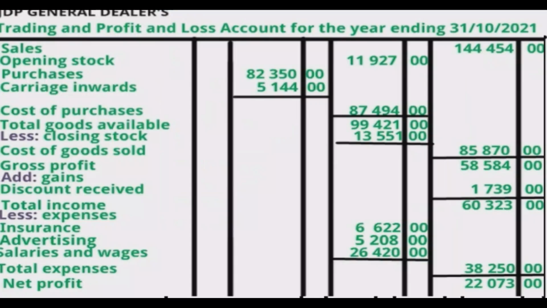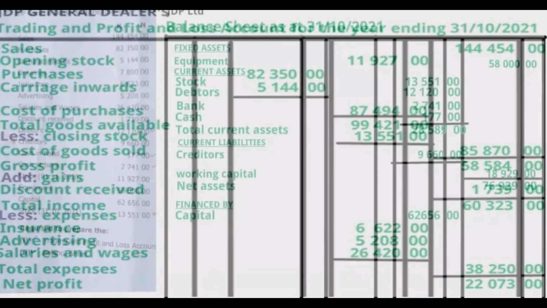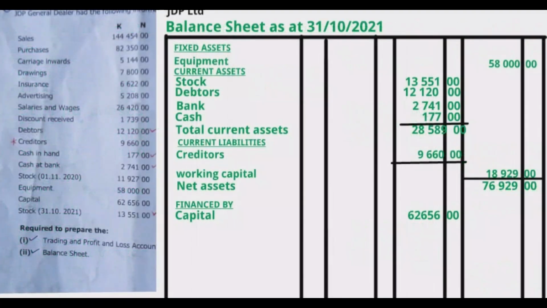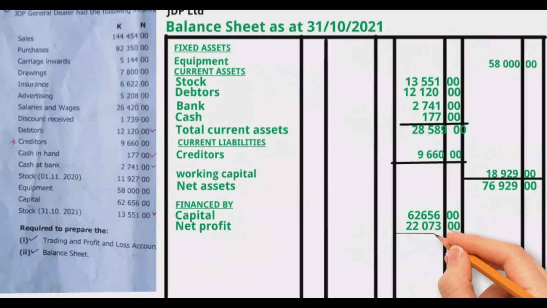We are going to get it from the trading and profit and loss account, where we found it in the first assignment we made under question 3. That is 22,073 kwacha. We write it down there. Okay, the net profit.